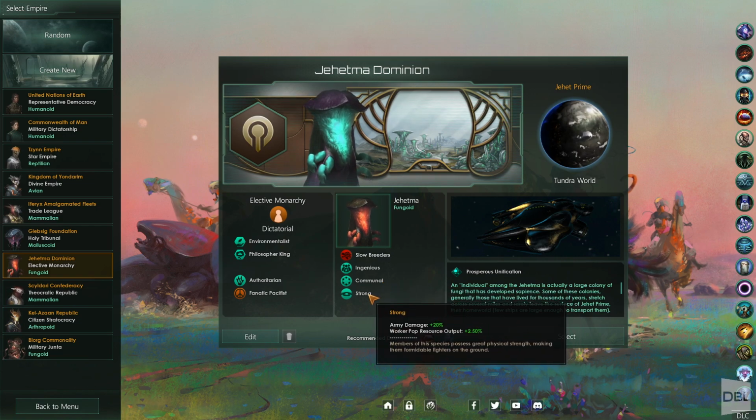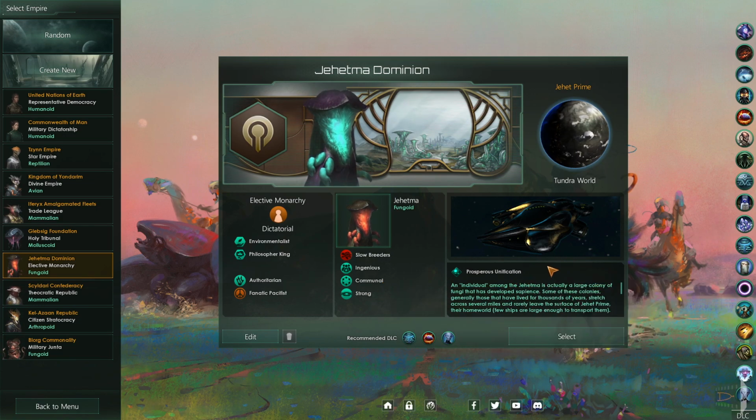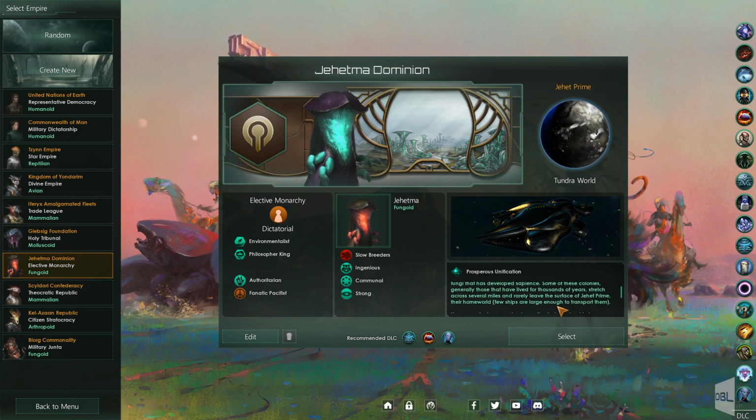Okay. And they're strong. And prosperous unification. An individual among the Jahetma is actually a large colony of fungi that has developed sapience. Makes sense. Some of these colonies, generally those that have lived for thousands of years, stretch across several miles and rarely leave the surface of Jahet Prime. Their homeworld. There we go.